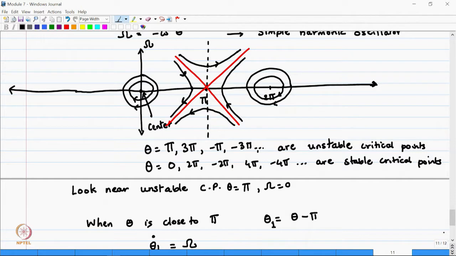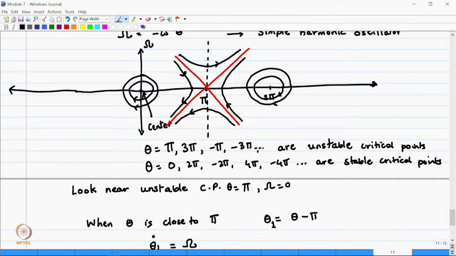Now you can make the overall picture. Your trajectories look like ellipses for small amplitudes, and then you have these asymptotes. As you go away, they will start looking like this.